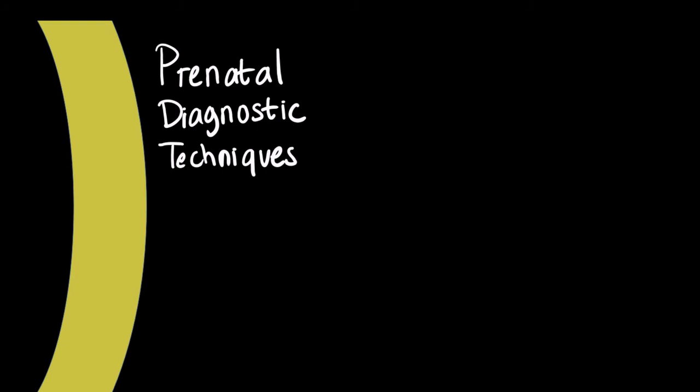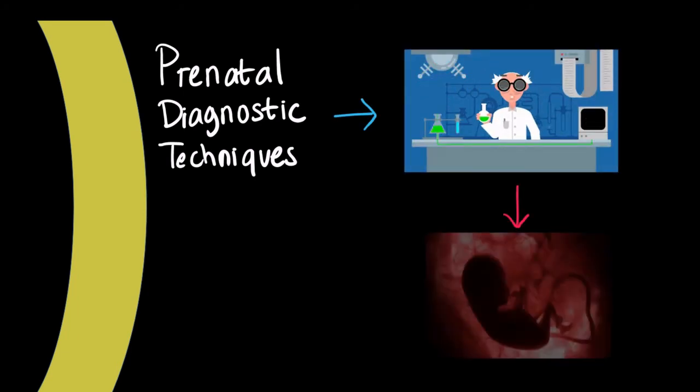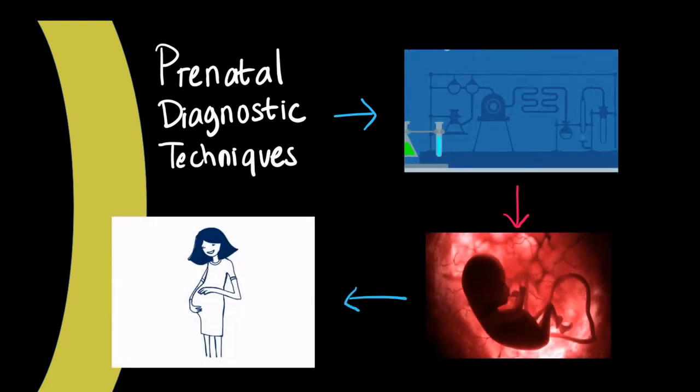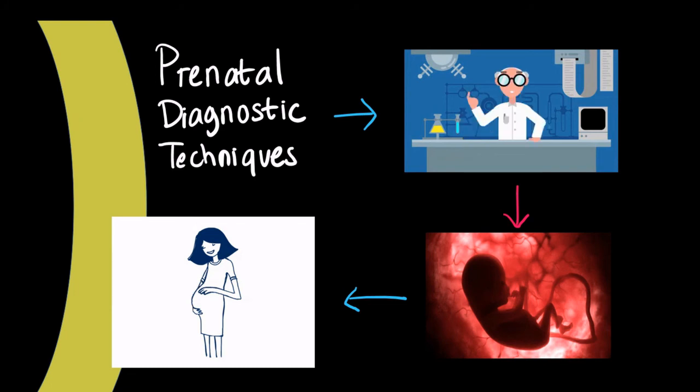Okay, so let's recap on what we have learned. We have established that prenatal diagnostic technique is a method that doctors and developmental researchers use to look into the mother's womb to determine how healthy the fetus and the mother are. It is also used to detect possible hereditary diseases.